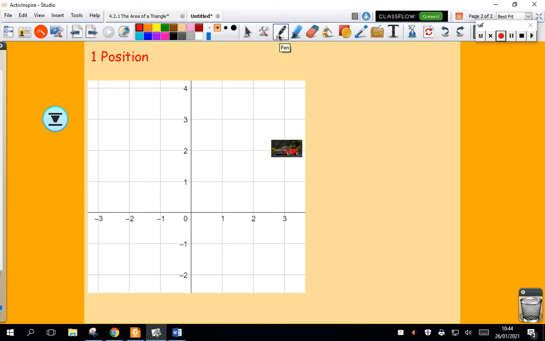Notice we have an x-axis and a y-axis, so maybe I might use the letter P for position here. So I'm going to say position initial here is equal to, well, at junior cert coordinate geometry you would call that 3, 2.